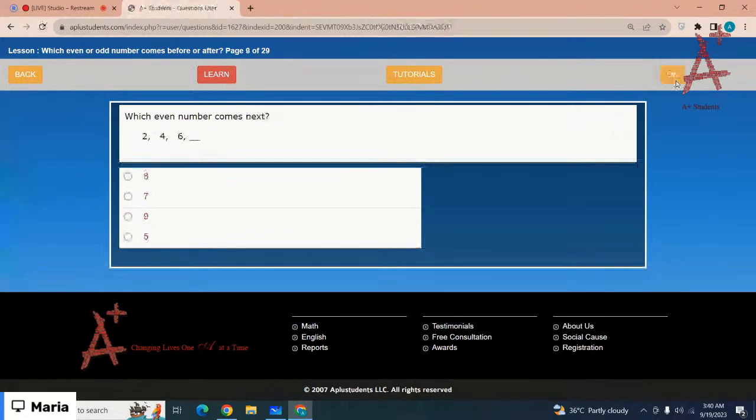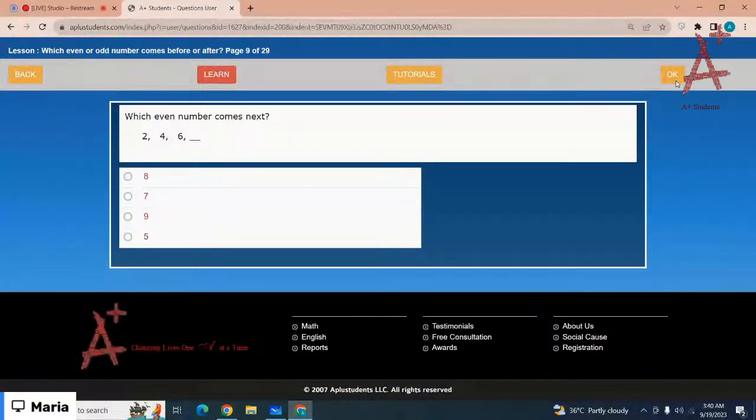Which even number comes next? So which is the number right after 4? Which even number comes next? Which is the number after 6?